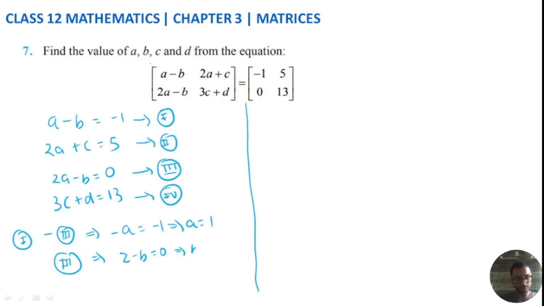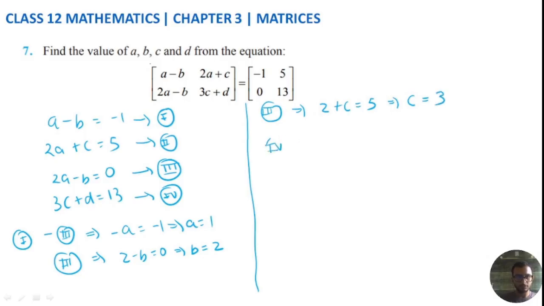That will give us b equals 2. So we got b also and a also. Now put the value of a in equation 2 to get c. We will get 2 plus c equals 5. This gives c equals 5 minus 2, which is 3. So we got c also.